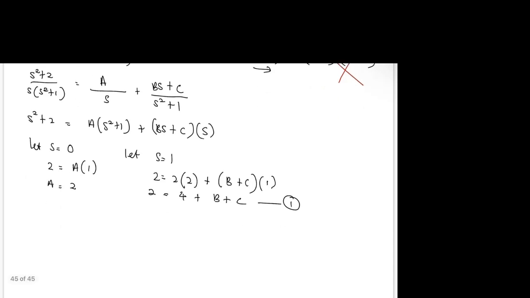Then let s equal to minus 1. So minus 1 plus 2 and minus 1 square plus 2. Here should be 3, right?